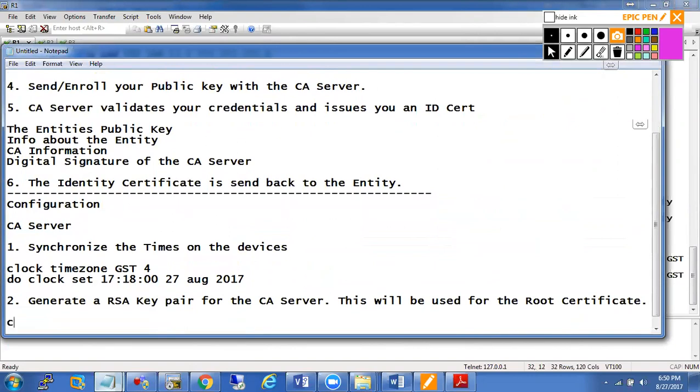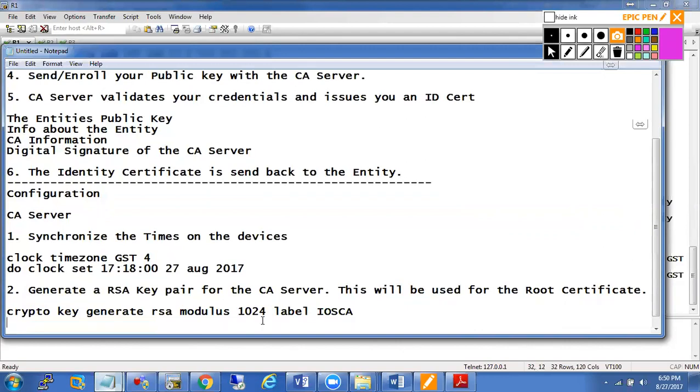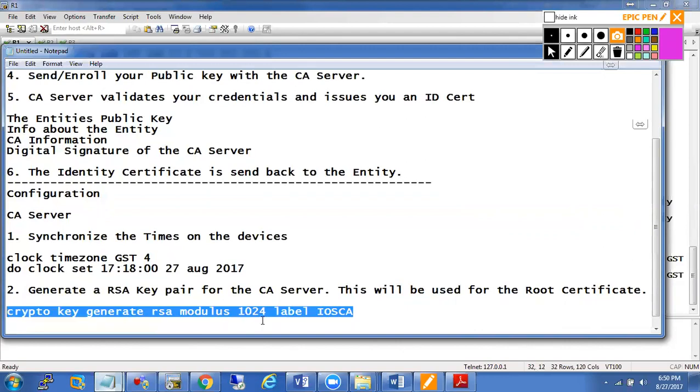So the way you do that is crypto key generate RSA. Modulus is the size of your public private key, and give it a label, a name. I'll call it IOSCA. Just a name. That's the name of this key pair that I'm generating over here. So copy it. This is the public key and the private key for the CA server.